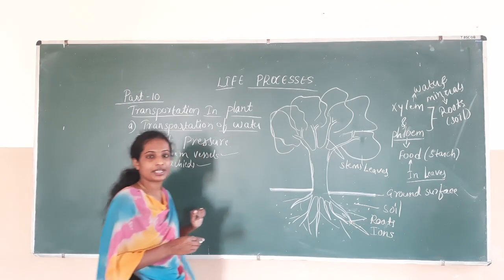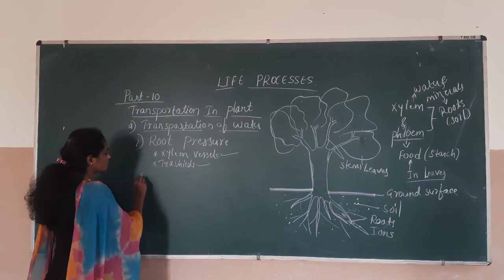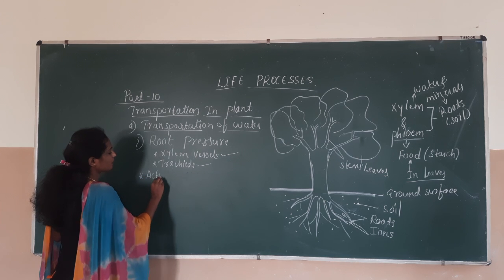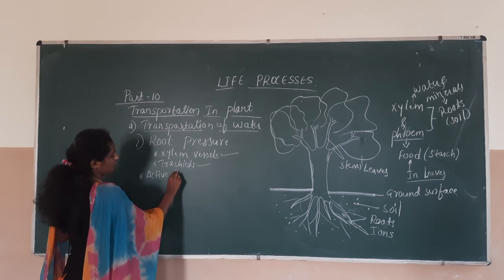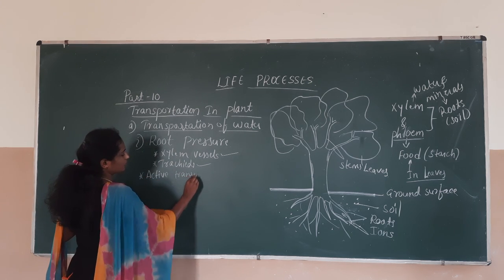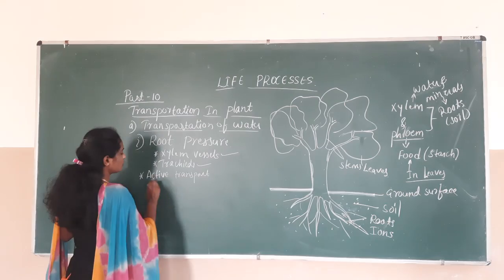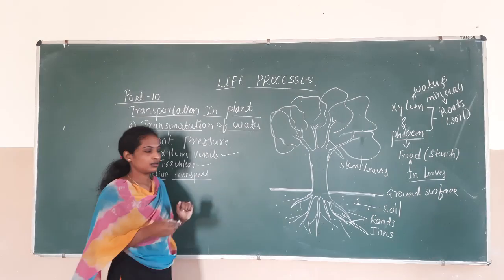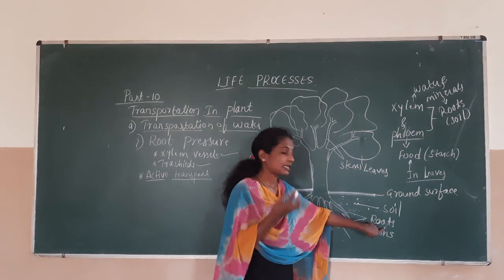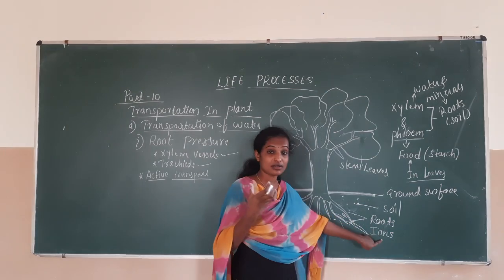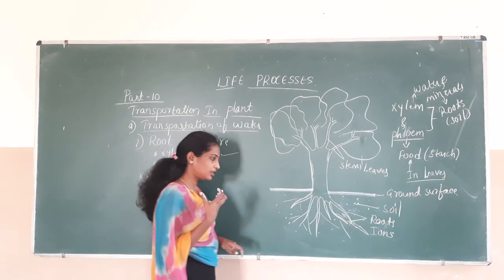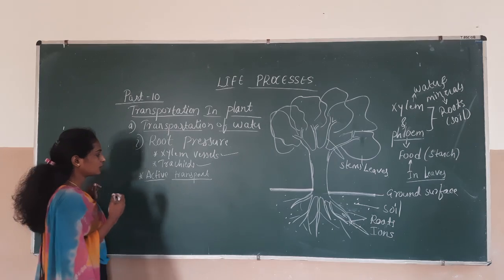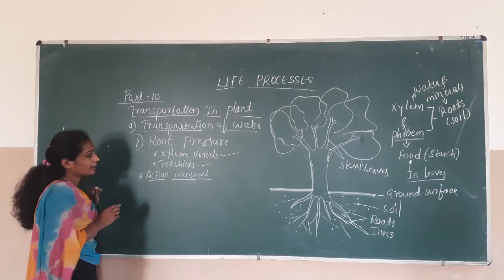How does this absorption take place? This is by active transport. What do you mean by active transport? The roots take up the ions actively.